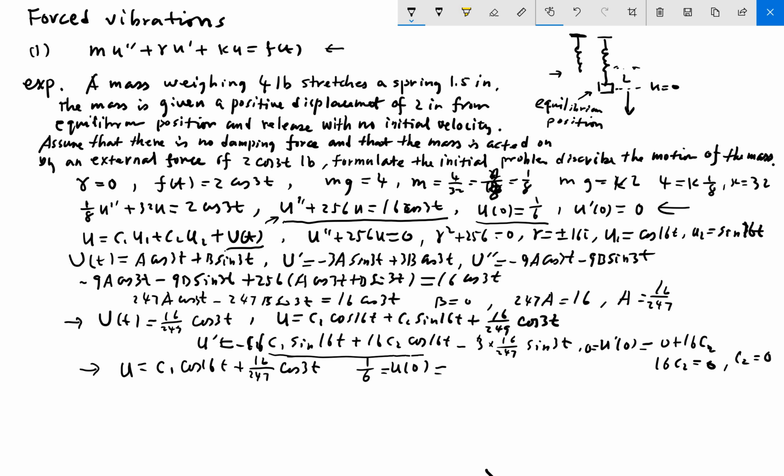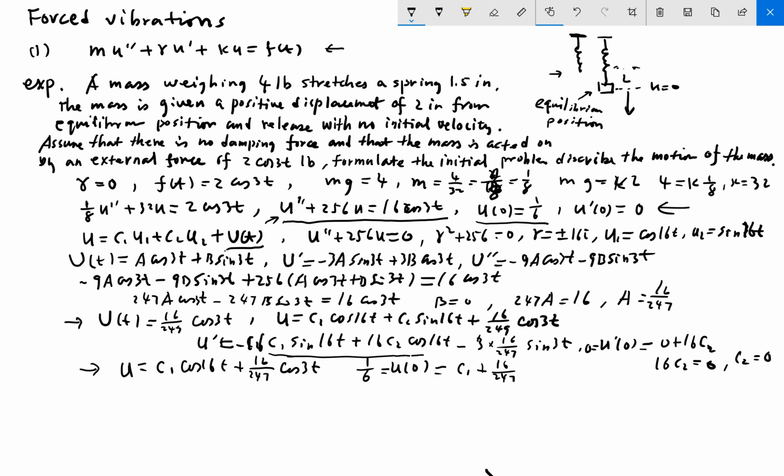Cosine 0 gives you 1, so you got C1 times 1, plus 16 over 247 cosine 0, which gives you another 1.